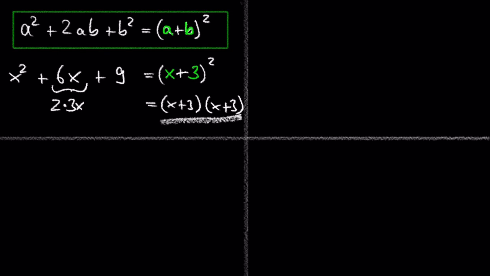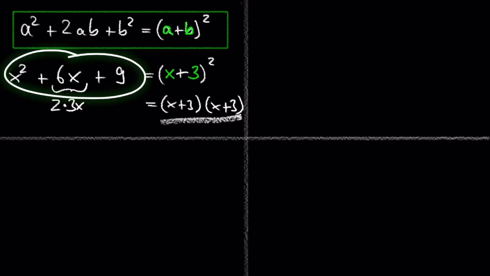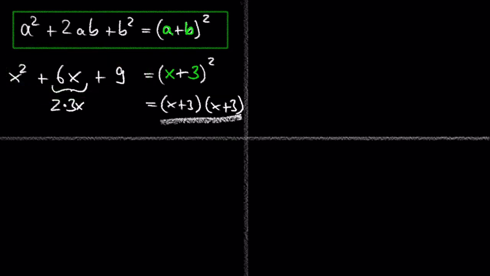So we factored our perfect square trinomial x squared plus 6x plus 9 into the factors x plus 3 and x plus 3. If you are not sure if you did it right, go ahead and FOIL it out and you can verify this. But how can we find out faster if a trinomial is a perfect square trinomial?